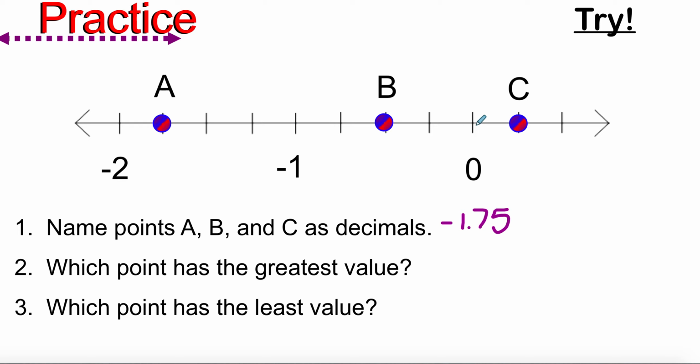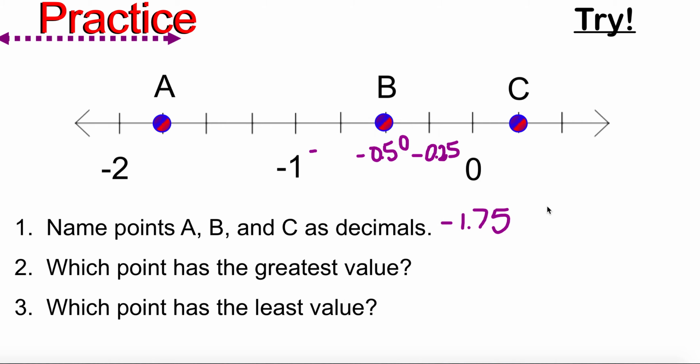So as we go to the left from 0, we start with negative numbers. So here it's going to be negative 0.25, and we count up: negative 0.50, and then negative 0.75, and we are approaching negative 1.